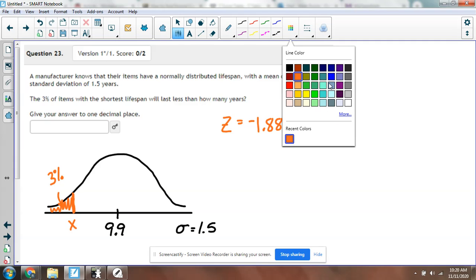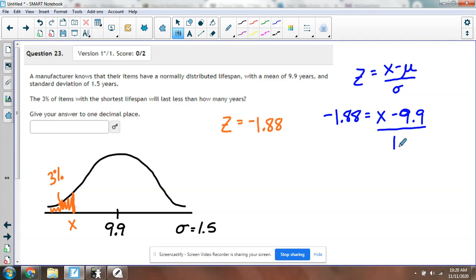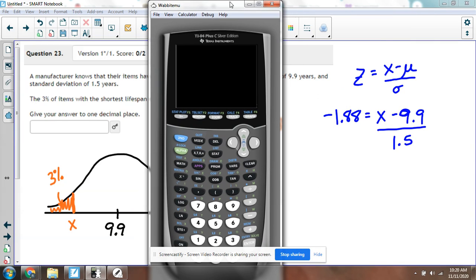Okay, so now all I'm going to do is take the z score formula, which is z equals x minus mu, divided by sigma, and solve for x. I know z is negative 1.88. I'm looking for the x value minus the mu, which is 9.9, divided by 1.5. The first thing I'll do is multiply both sides by 1.5.